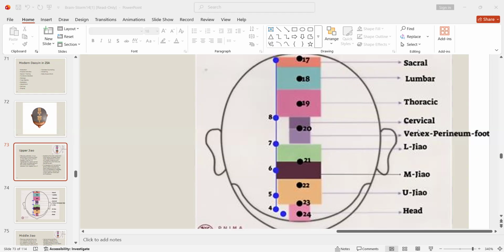Then middle geo. Middle geo is the area 1.5 chun, again 1.5 chun. This area crosses DU20, 1.5 chun, okay, 1.5 chun crossing DU21.